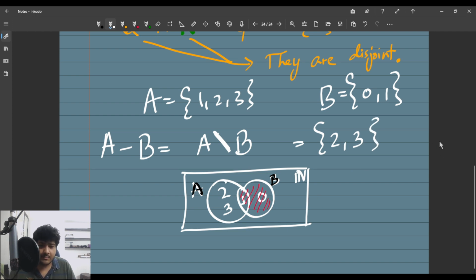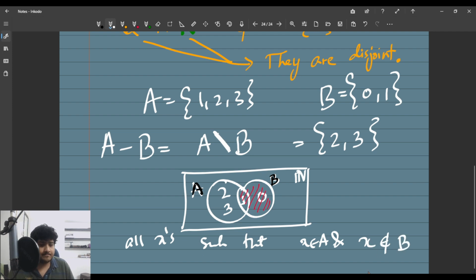How do you define it formally? All elements, or I'll write it in X form. We had all X's such that X belongs to A, and X does not belong to B. These both things should happen at the same time. That's why I have used an AND operator. So X belongs to A and X does not belong to B. One doesn't satisfy that criteria.